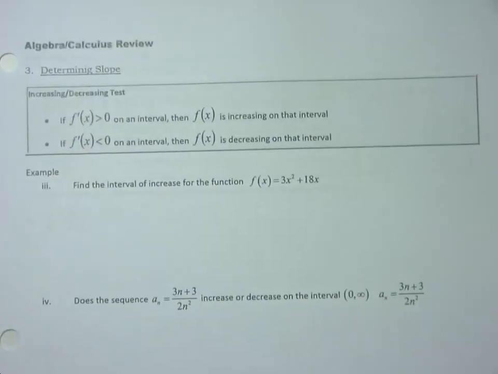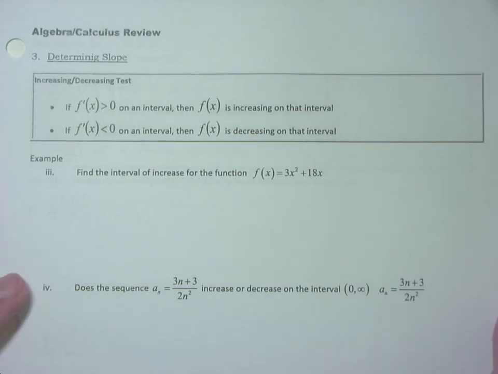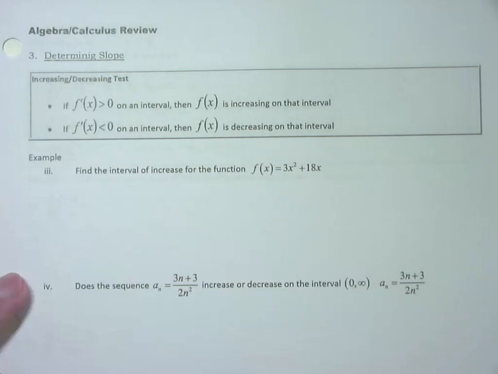So, in terms of the algebra review on this particular section, just to remind you of some stuff. Increasing, decreasing test. How do you tell if a function is increasing or decreasing? That's back to calculus 1 at its best.